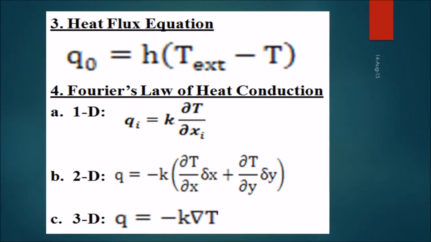The second one is the heat flux equation: q0 is equal to h multiplied by (T external minus temperature), where h is the heat transfer coefficient. The last one is Fourier's law of heat conduction, where the law is separated into 3 parts: 1D, 2D, or 3D. The formulas are given in the diagram.